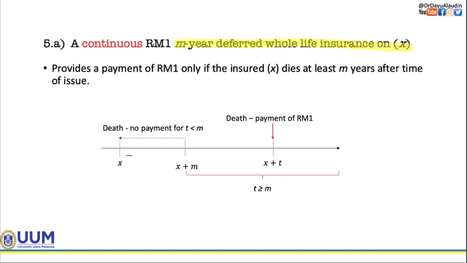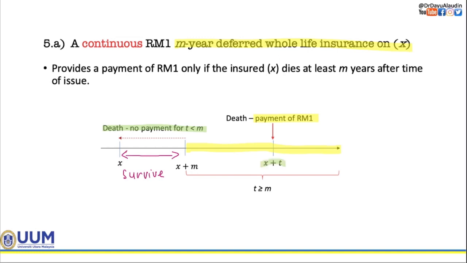From X to X plus M, the insured must survive. And then after M years, if the death happens, the insured will receive payment of RM1. If he dies before M years, no payment will be given.